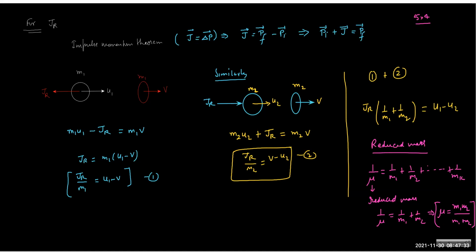So reduced means the effective value is less than any individual value. Yeah, so this is called mu.